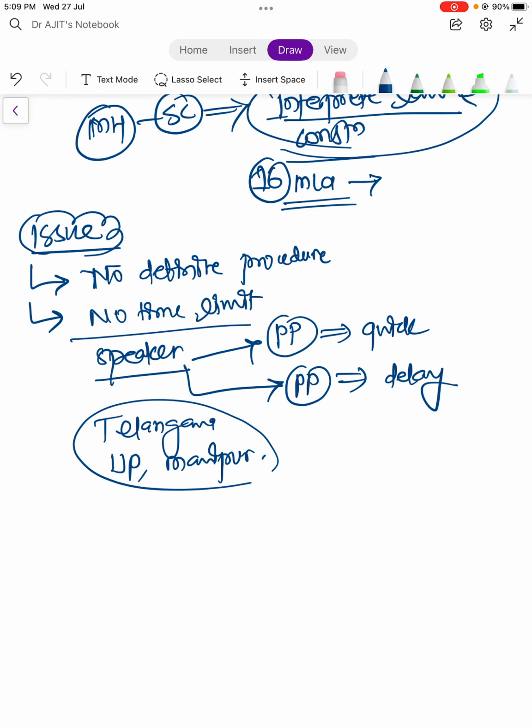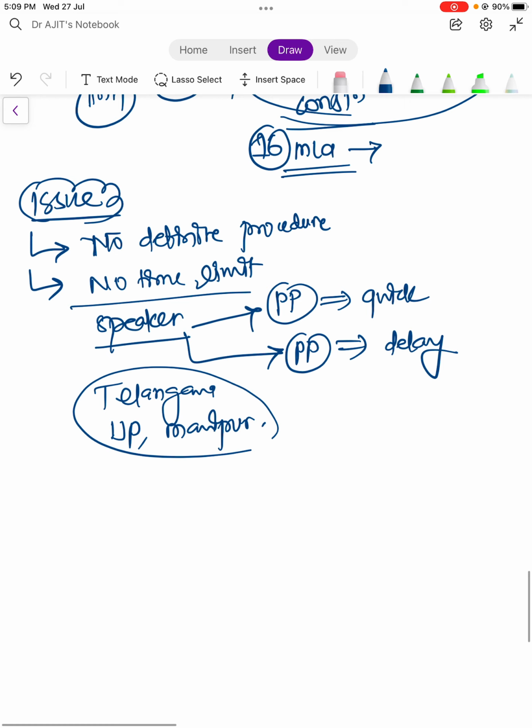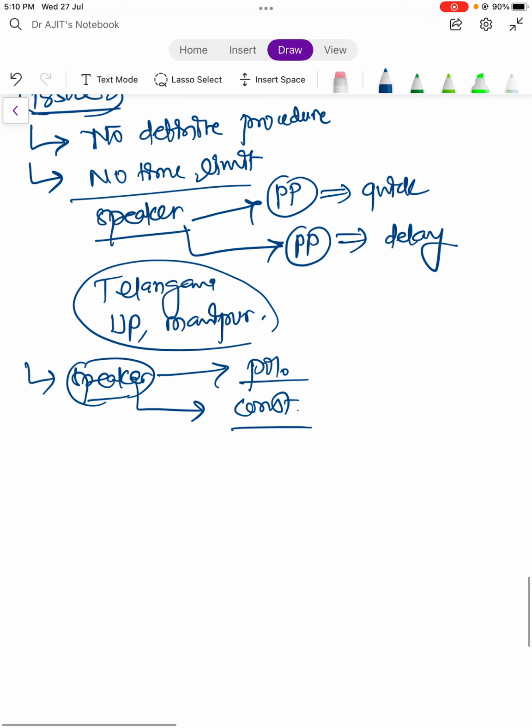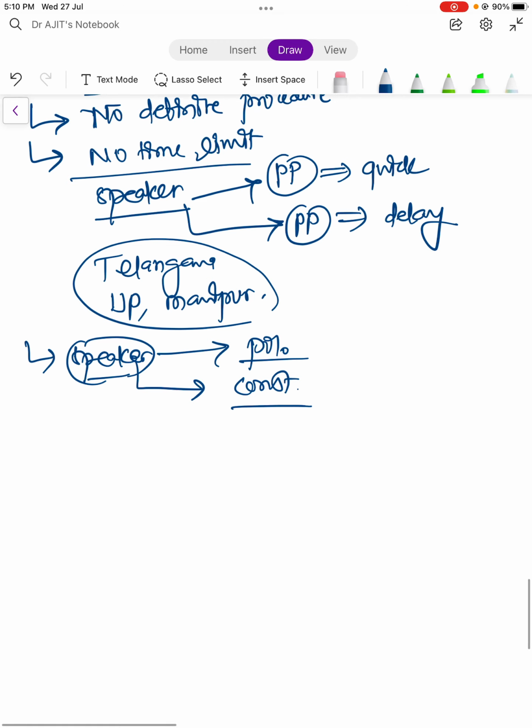So the next important issue is with respect to the speaker. Whether the speaker is a political entity or a constitutional office, whether it is a political office or a constitutional office. What happens? There is no clear cut procedure, there is no clear cut timeline. That's why it is very difficult to say on what basis the speaker is acting, right?